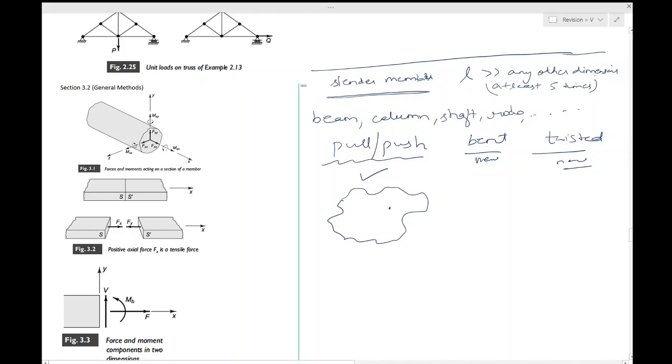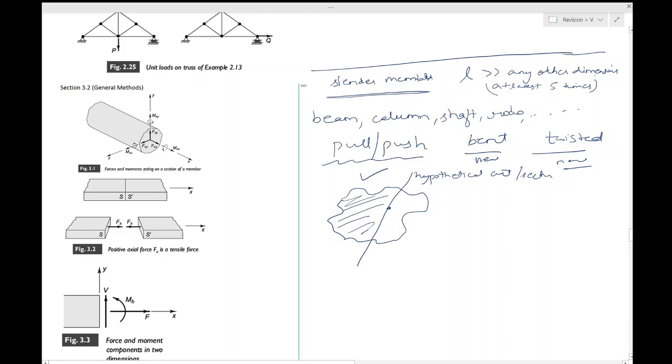Okay, anywhere in this solid, and you want to find the forces and moments acting across this. So what you do is you will have to cut this through a hypothetical cut. Okay, it's a hypothetical cut or a section, and then you only consider one part of this, maybe this part, maybe the other one.